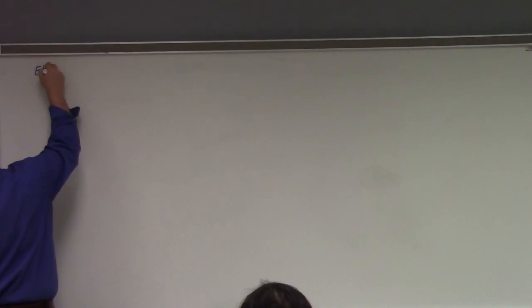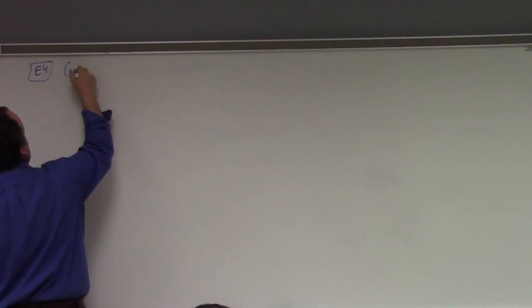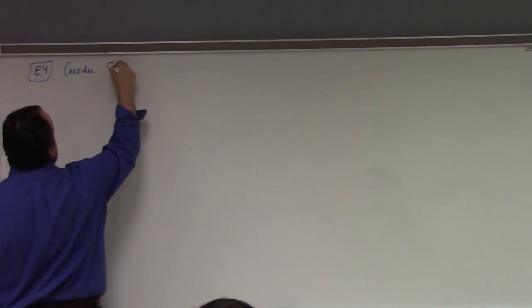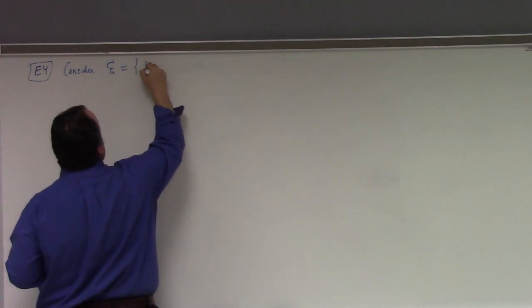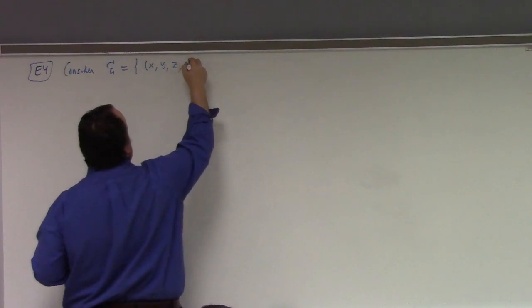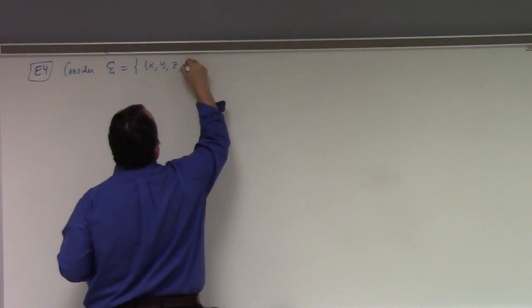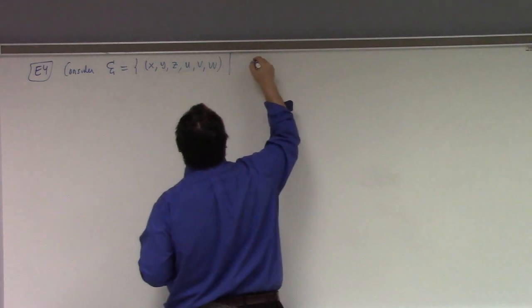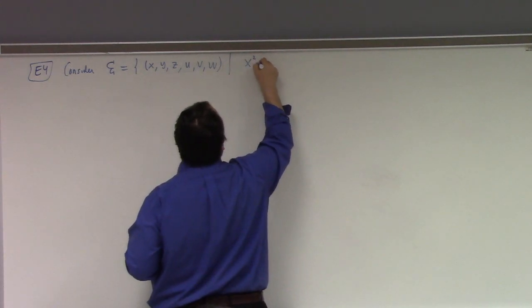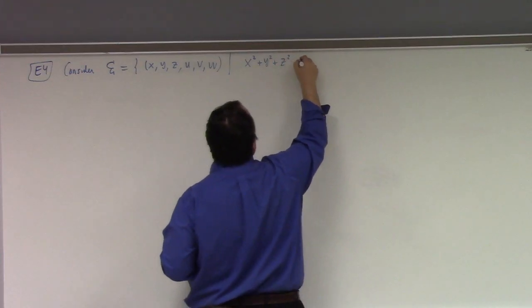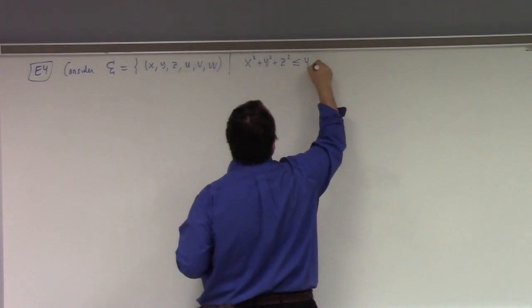So here, example 4. Consider, let's say, E equal to the set of x, y, z, u, v, w such that x squared plus y squared plus z squared is less than or equal to 4.